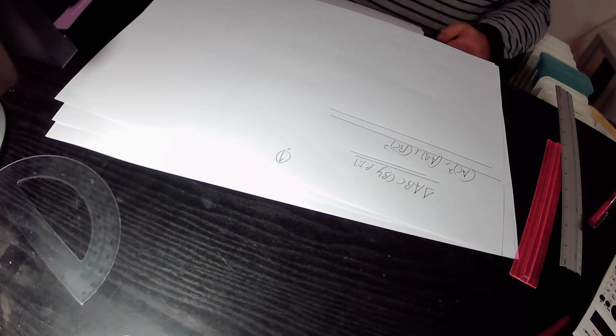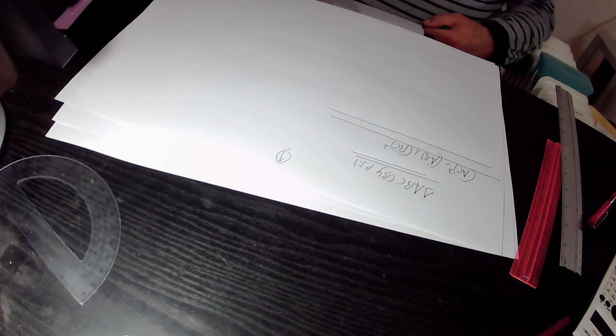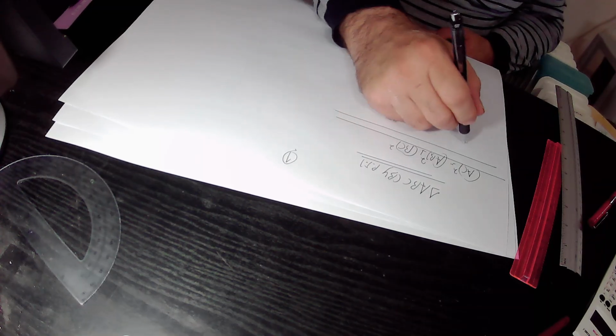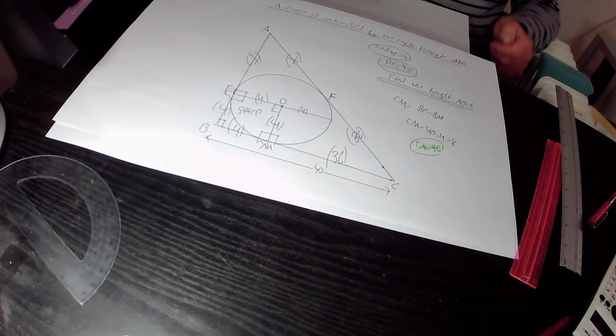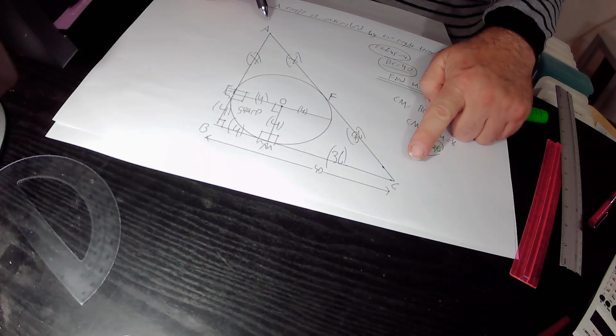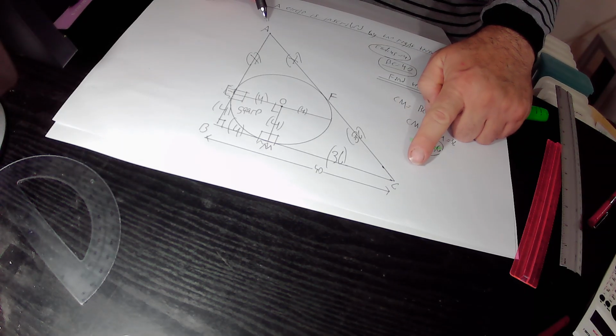AC equals x plus 36, therefore AC squared equals x plus 36 squared.